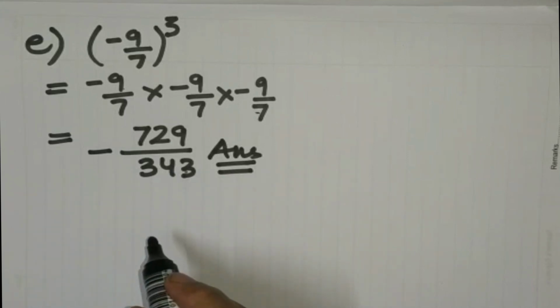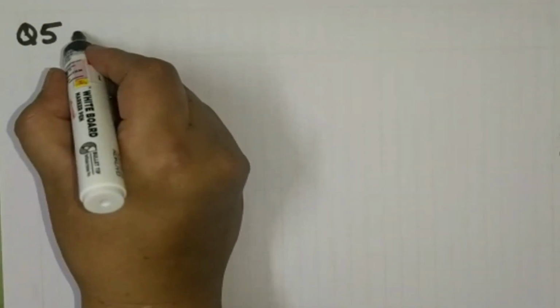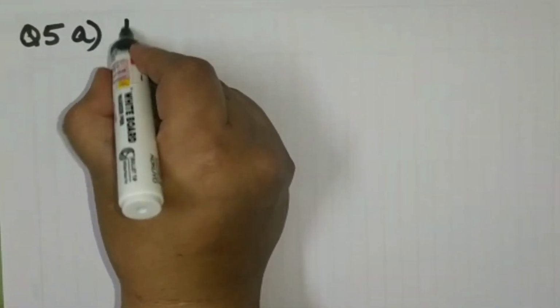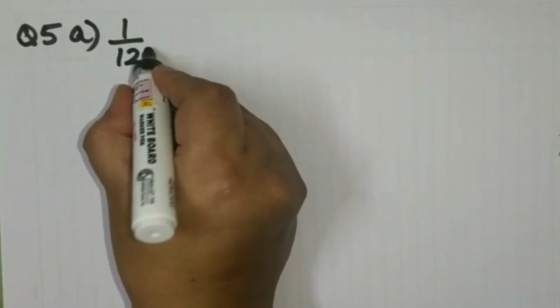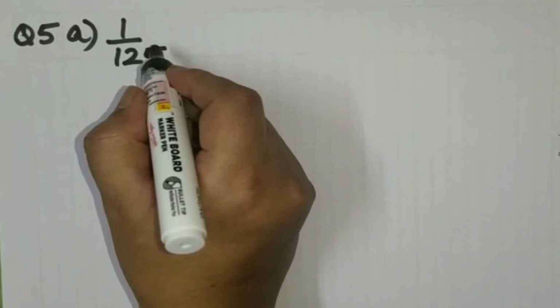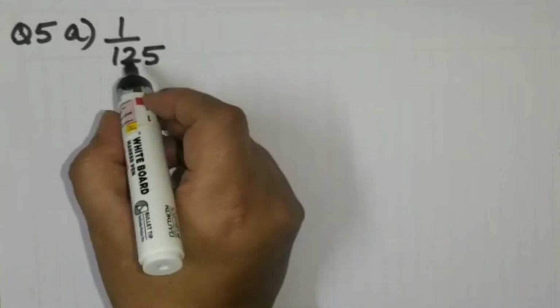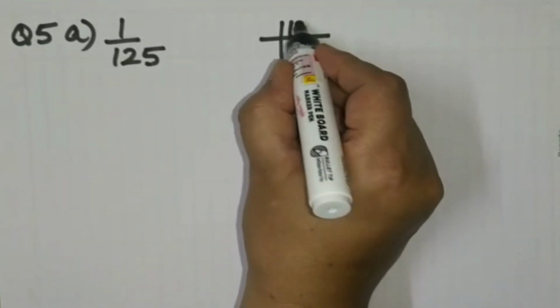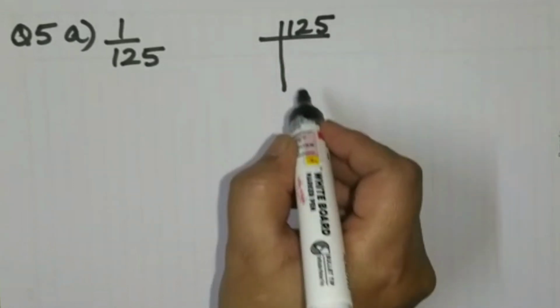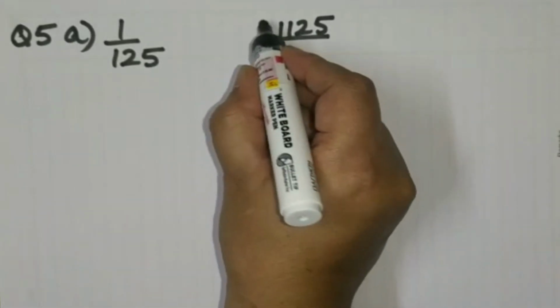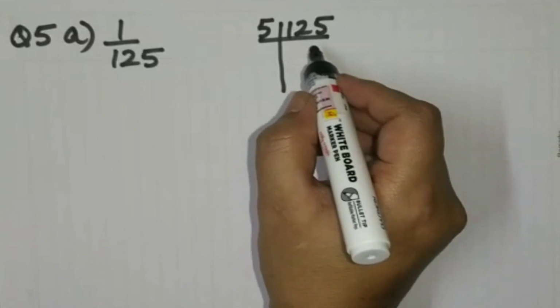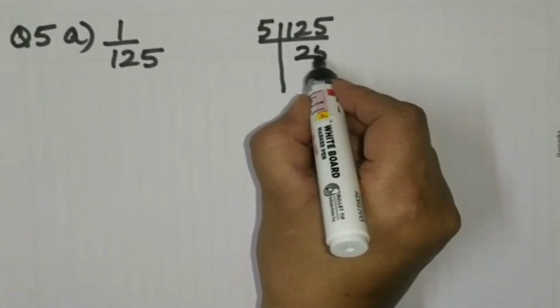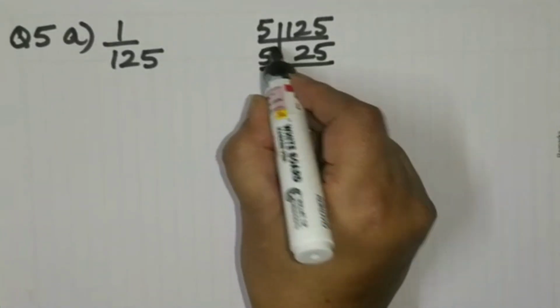Okay, so do it yourself. Now last question, question number 5, A part, 1 upon 125, and the question is convert into power notation. It means we have to convert 125 into power. So we will convert into power this way, by the prime factorization method, which means the LCM method. We are solving it. You know the LCM method.